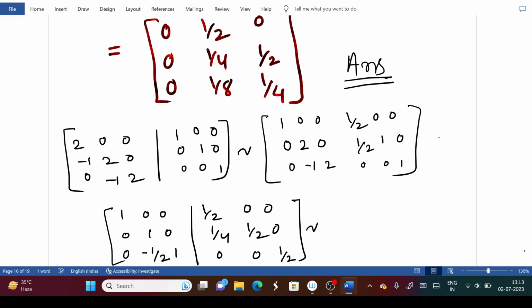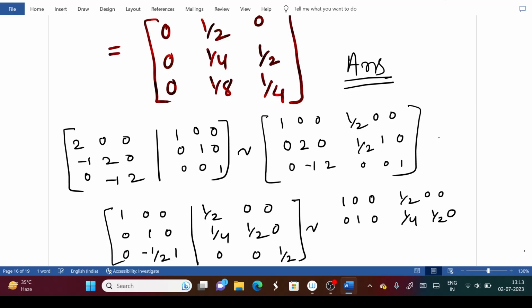Here we will multiply the second row by half and add it to the third. So it is 1, 0, 0, half, 0, 0; 0, 1, 0, 1 by 4, 1 by 2, 0.